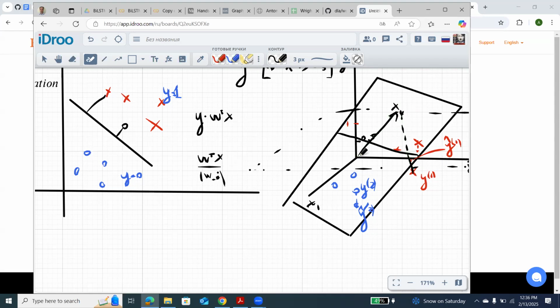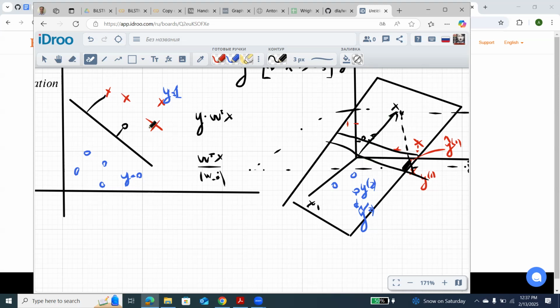But if you know the slope of the plane, then from the height you can calculate the distance. For example, if this separating line goes through y equals 0, you can calculate the distance to this separating line.